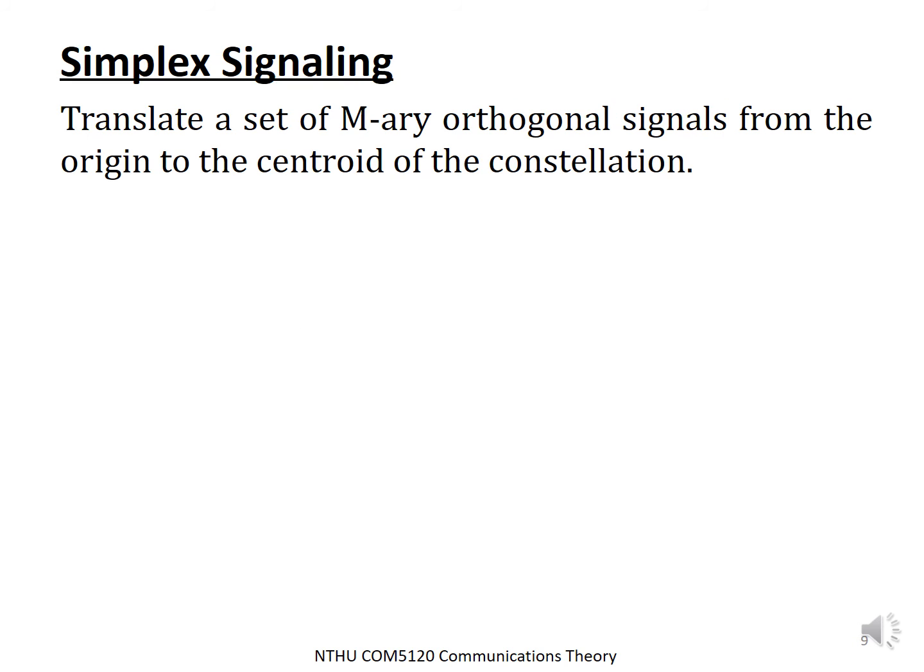The last thing we would like to discuss is simplex signaling for the MRA orthogonal signals. Simplex signaling translates a set of MRA orthogonal signals from the origin to the centroid of the constellation. What is the purpose of the simplex signaling?